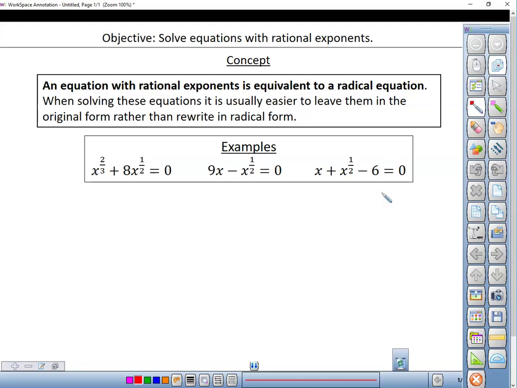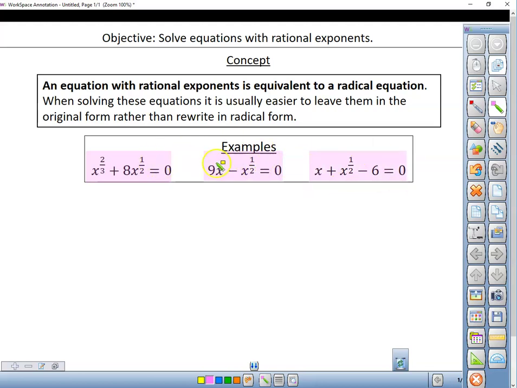We have seen some problems, the square root equations and the cube root equations, simple ones that have been in rational exponent form. Here we're going to see more complex ones as shown here, where there's more than one rational exponent within the equation, or whole number powers mixed with rational.